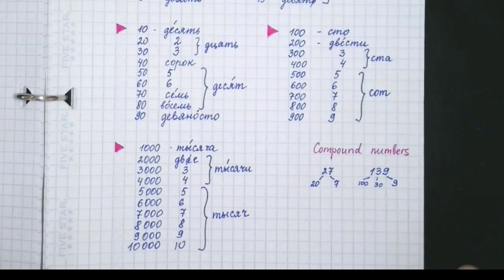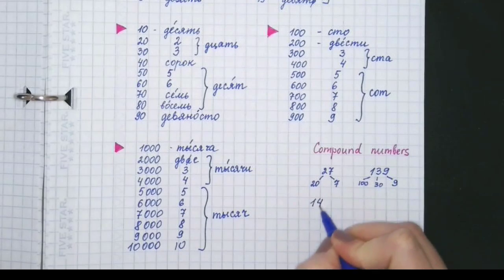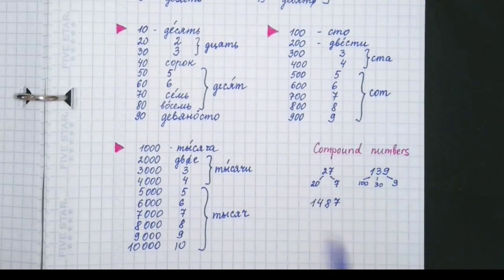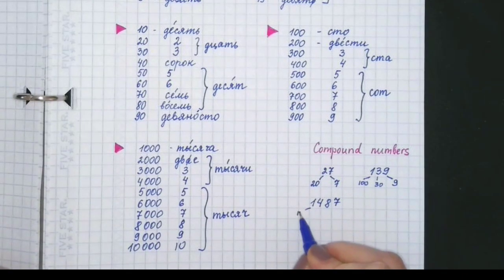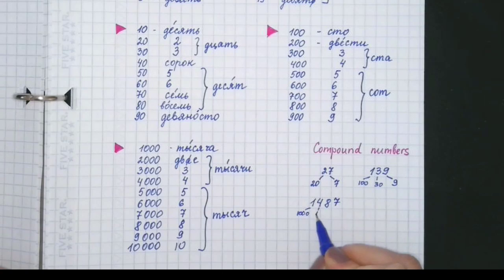If you have a bigger number, for instance, you again will pronounce every number separately. So it will be 1487.